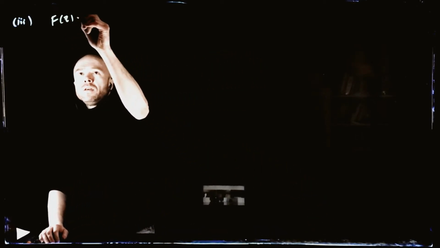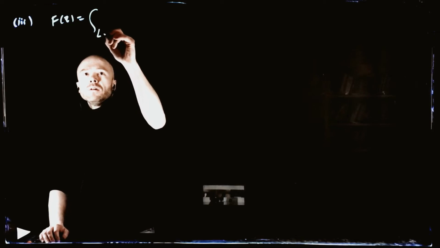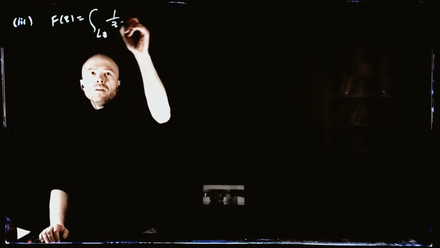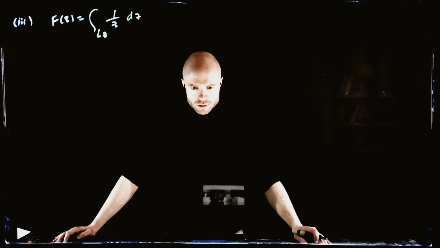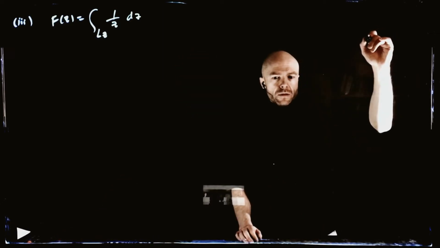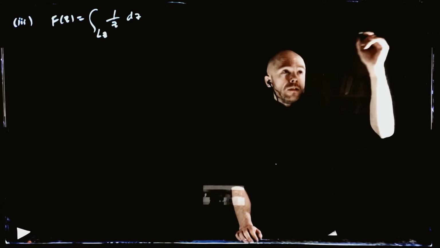I mean, how did we define our thing, right? How did we define it? We defined capital F of z to be the integral of L of z, 1 over z dz. Yeah? So our path could well be just on the real line, right?